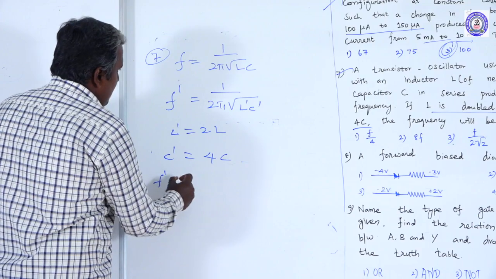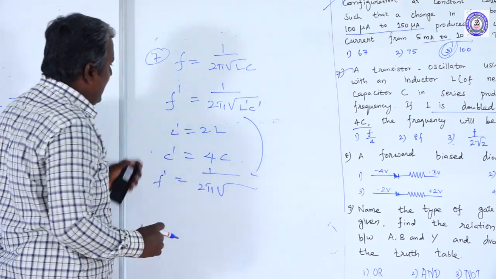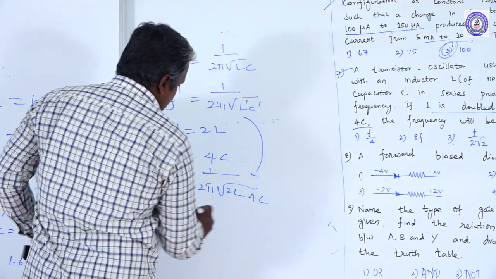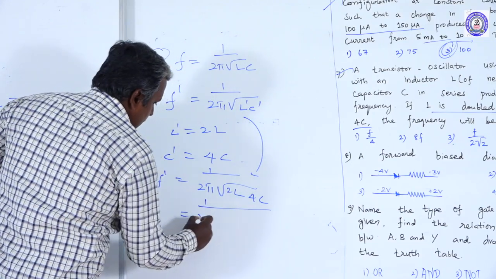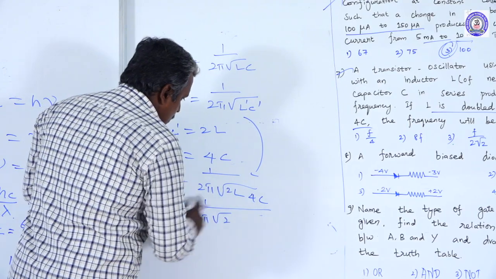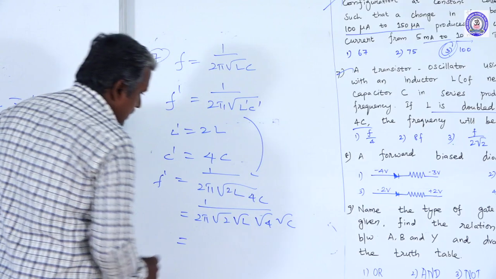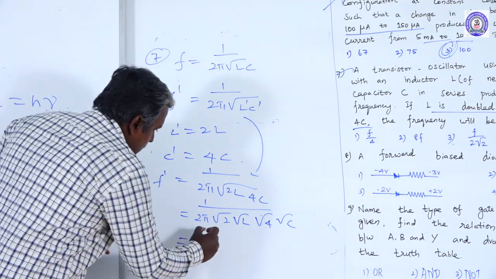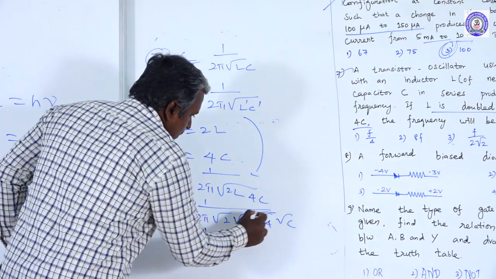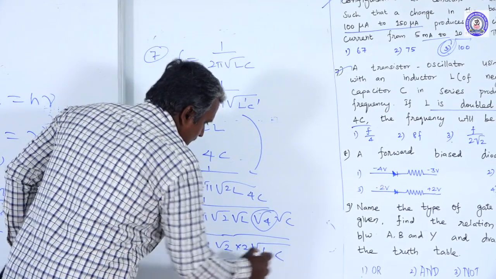Now F dash is equal to 1 by 2 pi root of L dash, 2L, C dash, 4C. So 1 by 2 pi, root 2, root L, root 4, root C. Here 1 by 2 pi, root 2 into root 4, which is 2, and root LC.